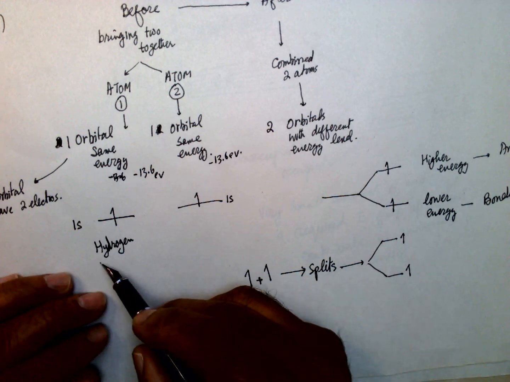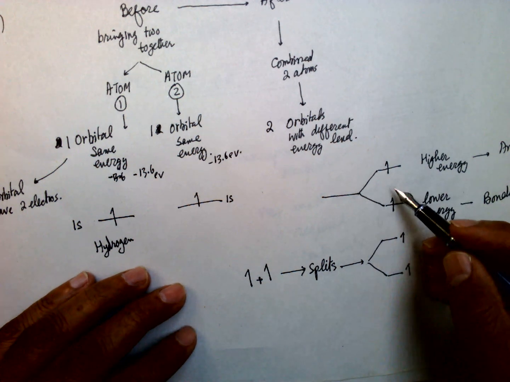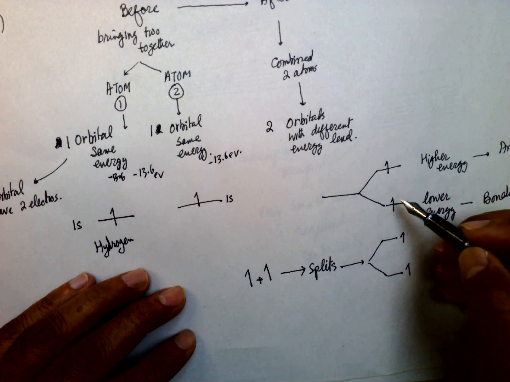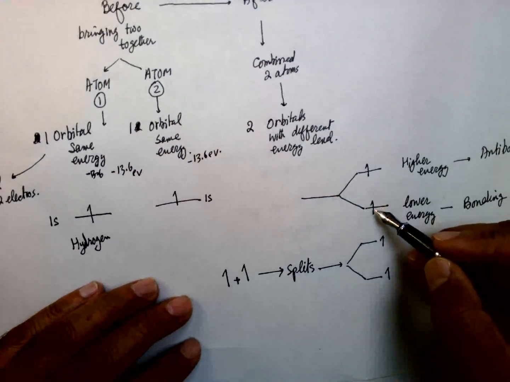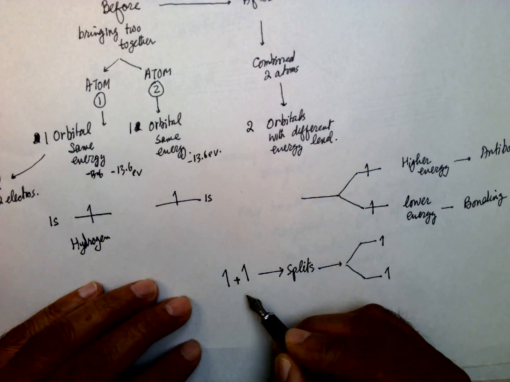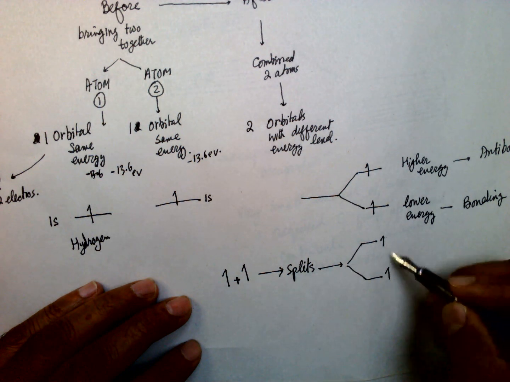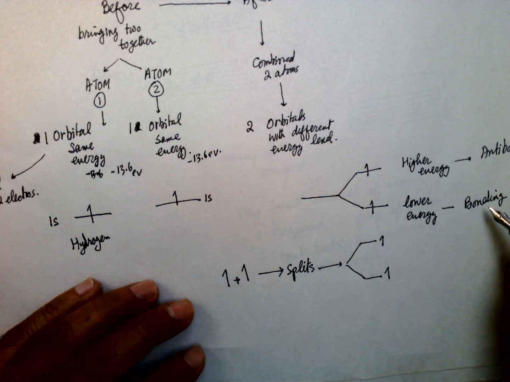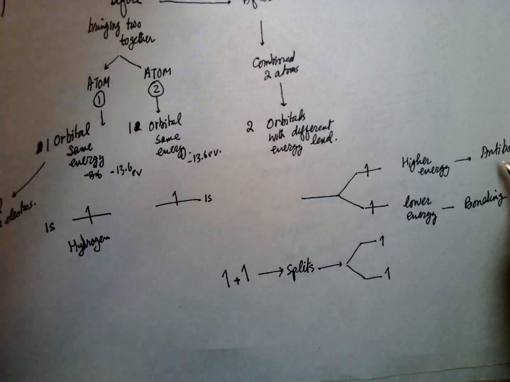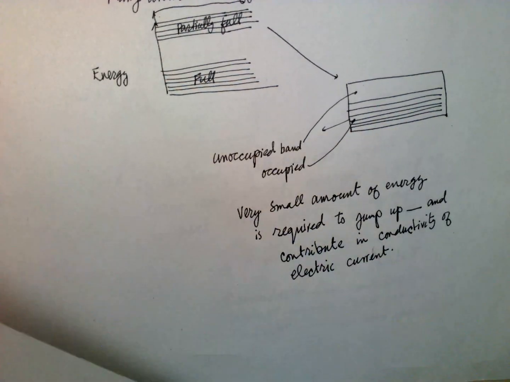In the case of hydrogen, with one electron each, bringing them together, they will have two electrons, but with different energy levels. They split into two different energy levels. The lowest energy level is bonding, and the higher energy level is anti-bonding.